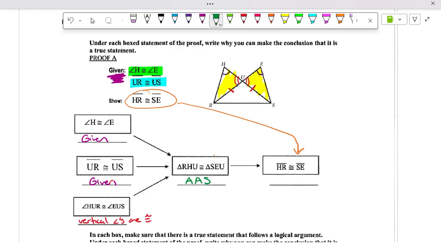Because we have 2 angles and a side, and that side is not between the 2 angles. Now, because we know these triangles are congruent, doesn't that make sense that these 2 sides are congruent? Because we know the triangles are? Yeah. And what reason is that? It's an acronym. I already said it earlier. CPCTC. Corresponding parts of congruent triangles are congruent.